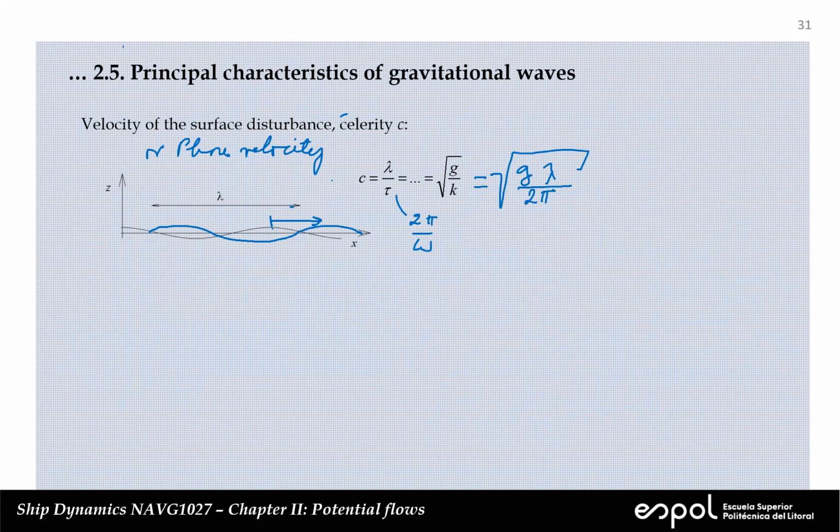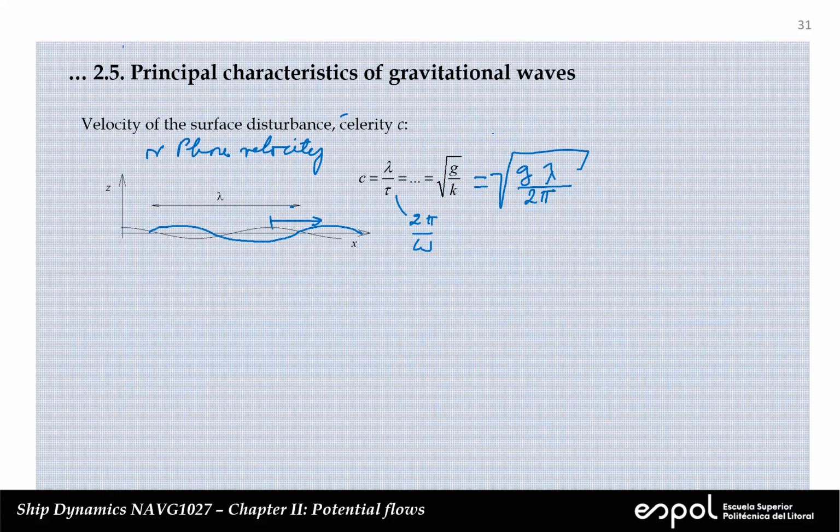In many cases, it looks like it is a contradiction, right? But as the wavelength increases, the celerity increases, but the frequency decreases. The relationship between lambda and the celerity is not linear. It's the square root, but it increases.